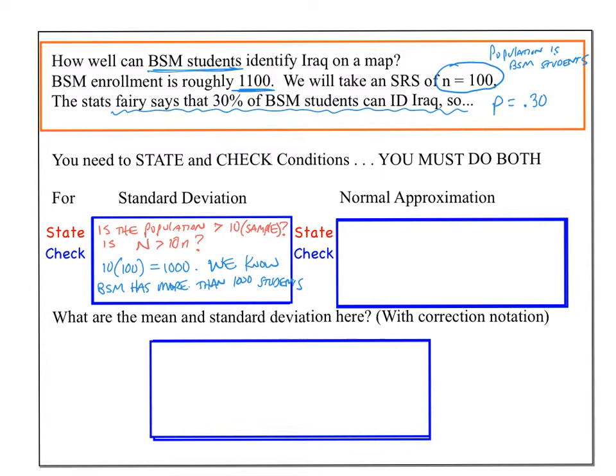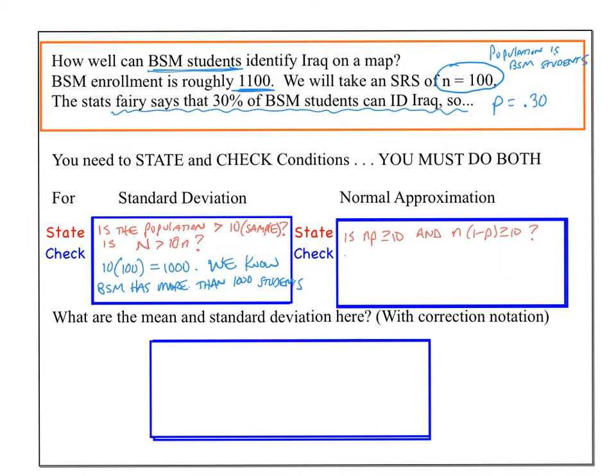Our population is more than 10 times our sample size. Then the next condition we have to check, state and check, is n times p greater than or equal to 10 and n times 1 minus p greater than or equal to 10. We're going to check those.